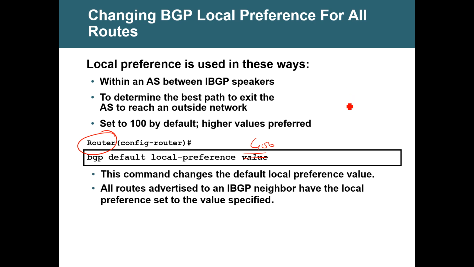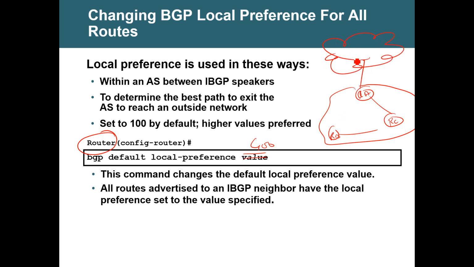You remember that picture that we had yesterday? Router A, router B, router C. This is connecting to Orido, that's one ISP. And there is another ISP, Etisalat.